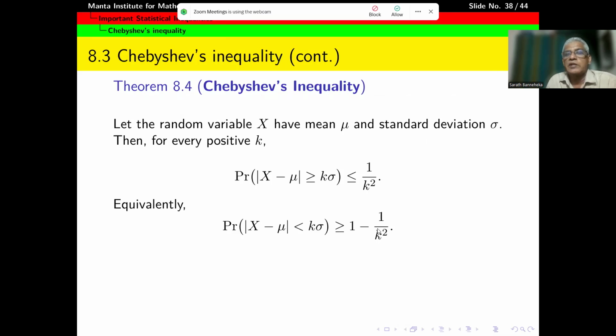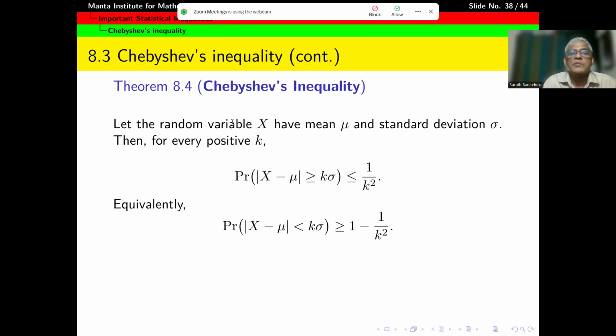So let's look at Chebyshev's inequality mathematically. Let x be a random variable with mean mu and standard deviation sigma. When we say it has these two, that means they exist, right? Then for every positive k, the probability that the absolute value of x minus mu is greater than or equal to k times sigma is less than or equal to 1 over k square.